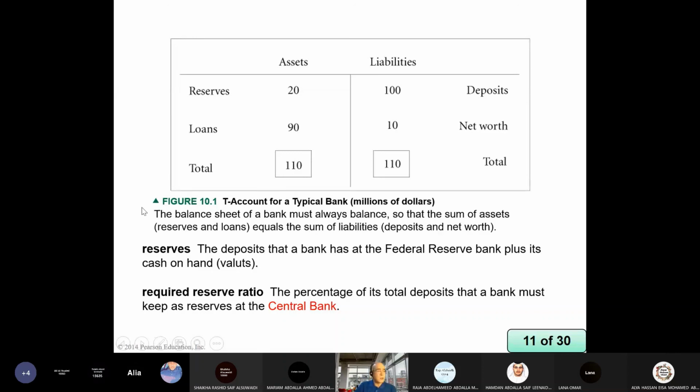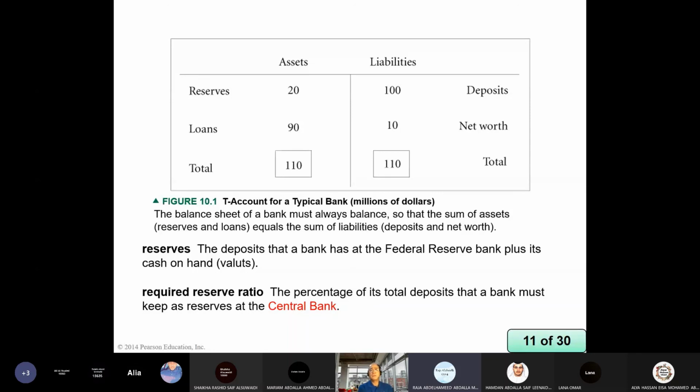Raja, could you read this for me? Yes, doctor. Figure 10. T account for a typical bank, millions of dollars.